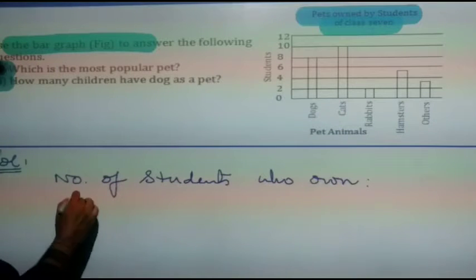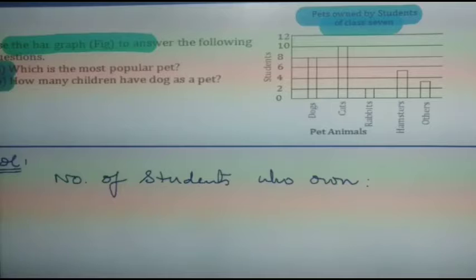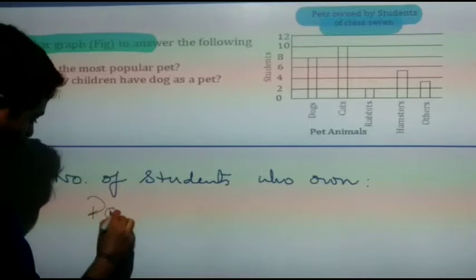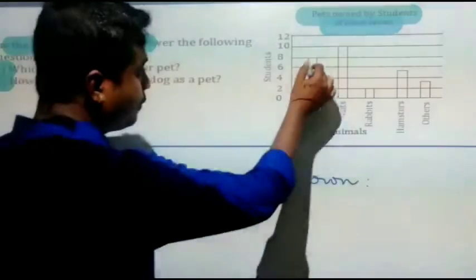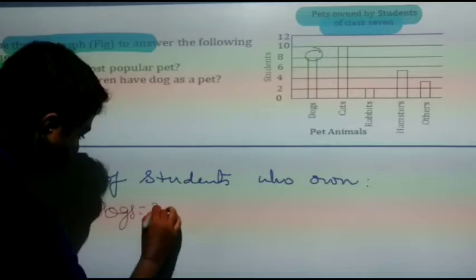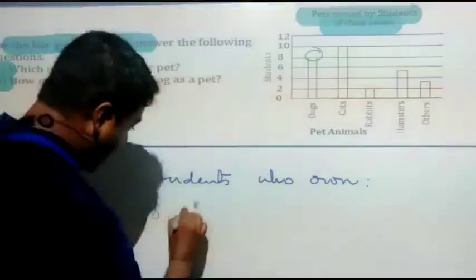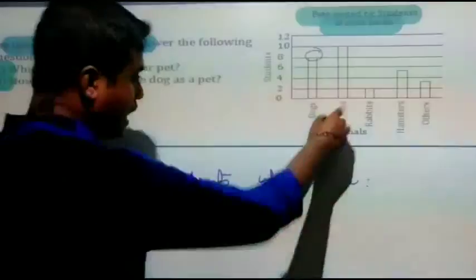Suppose we consider dogs first. You can see the graph. It is up till here, and this line is representing 8. So dogs, 8. Cats equals 10. Then we have the rabbits.